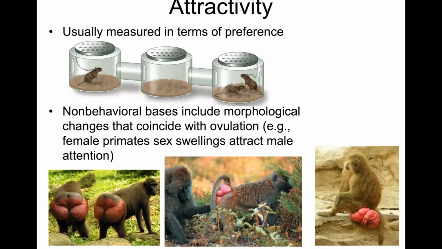Certain monkey species in particular tend to show large red swellings around the pubic area, which is literally to flash a light at the male saying, "Look over here."